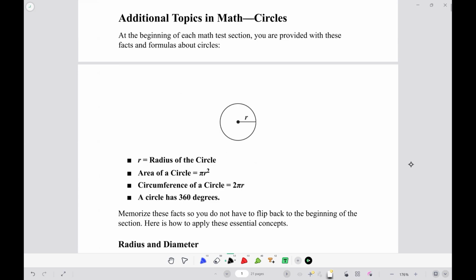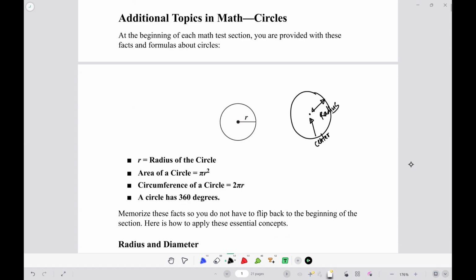We already know that a circle is a geometrical shape which looks like this. It has a center. This is called the center. And the distance from the center to this line is called the radius. We all know that.